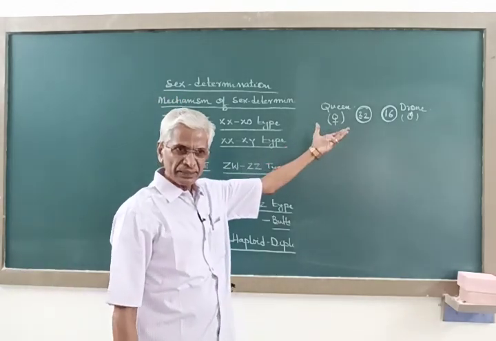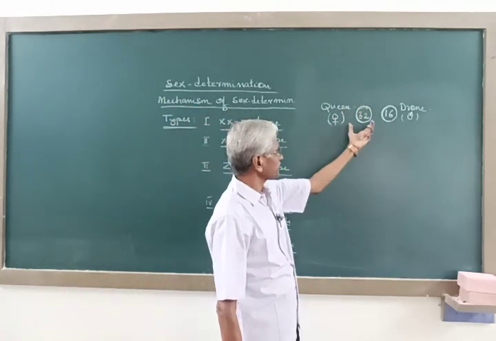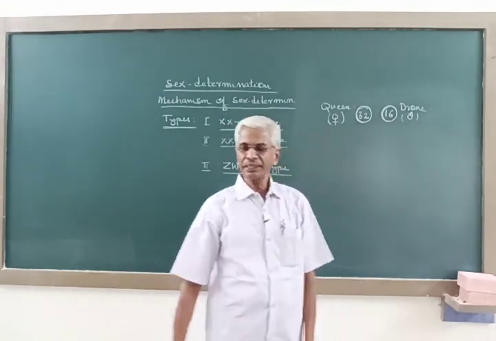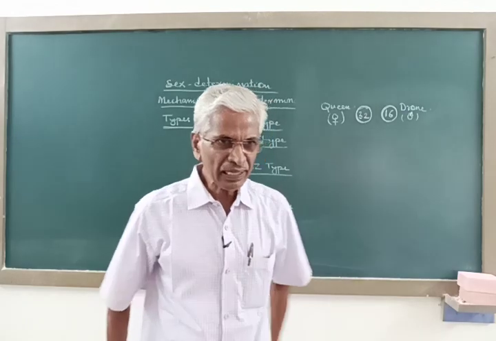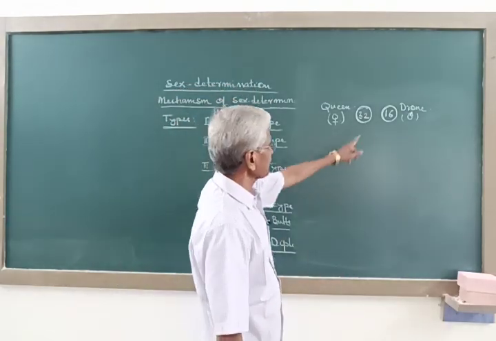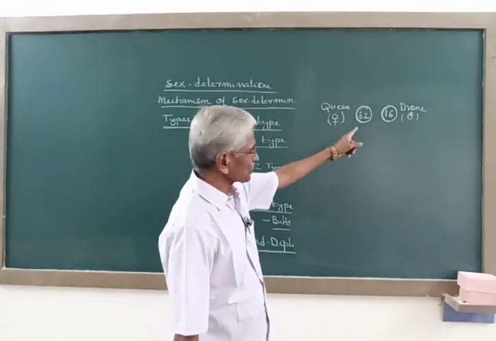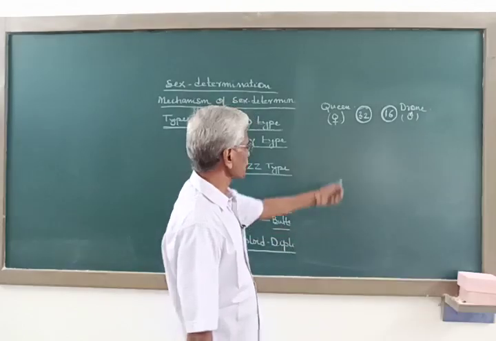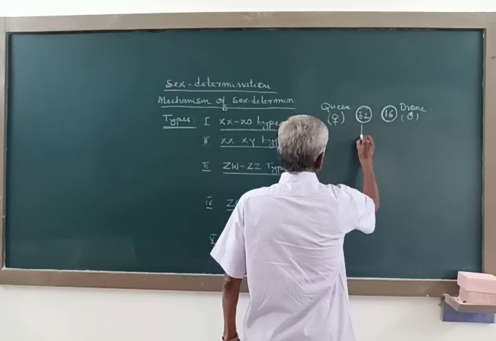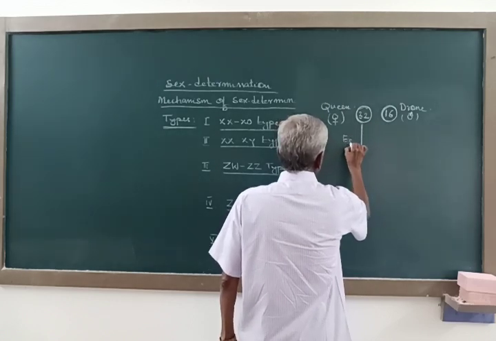So queen is a potential female, reproductive female, diploid, having 32 number of chromosomes. Drone is a reproductive male involved in reproductive activity of the colony, but genetically this is haploid. It has only n number of chromosomes, half of the chromosomes present here. Now this queen produces the eggs.